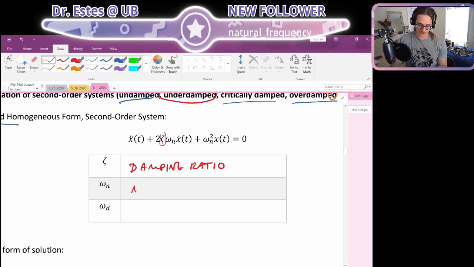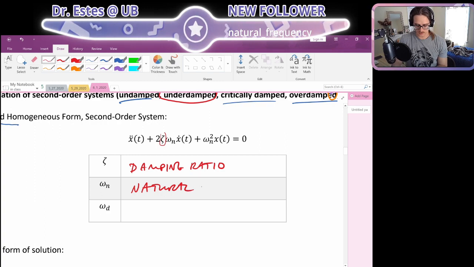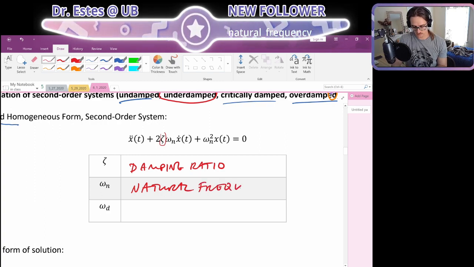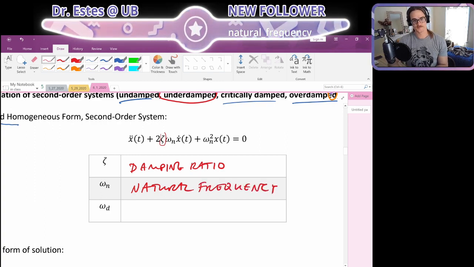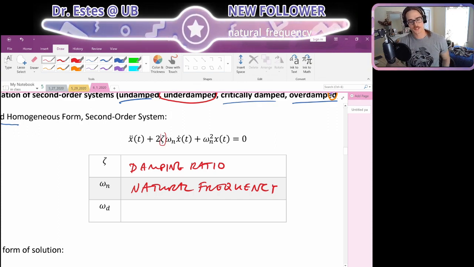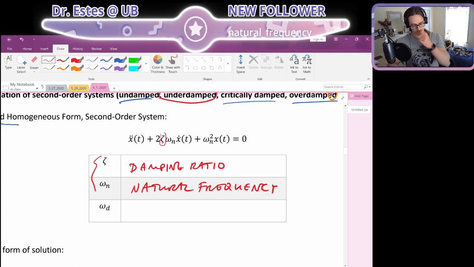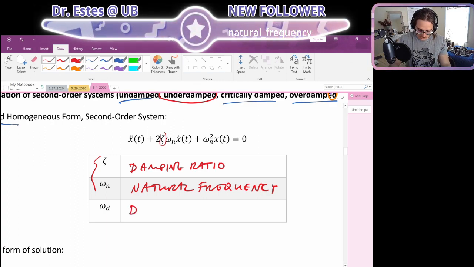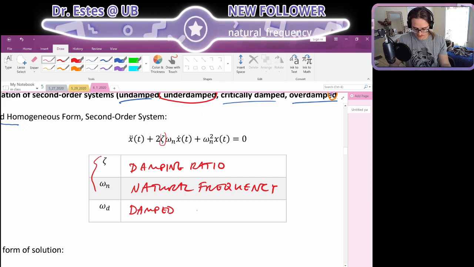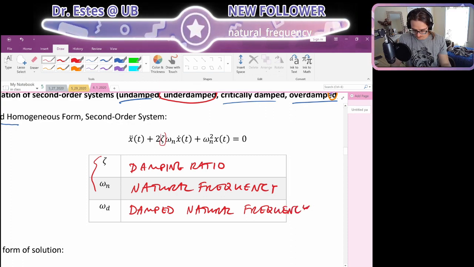Omega sub n, that's the natural frequency. Omega sub d, you don't see it in this equation up above, but it's related to these first 2 parameters. So it's called the damped natural frequency. And this is how it's related to the natural frequency.